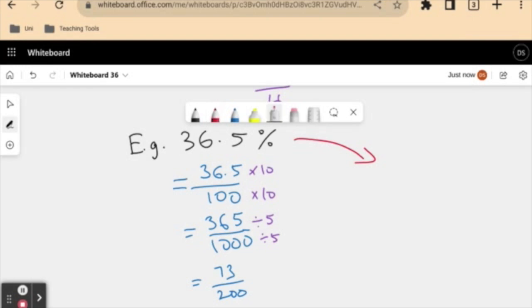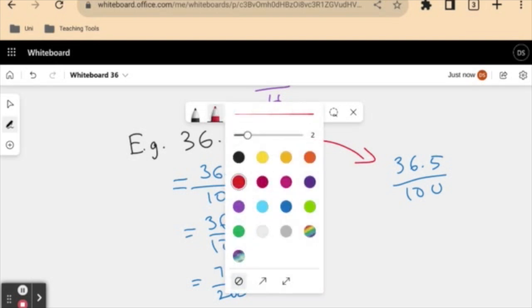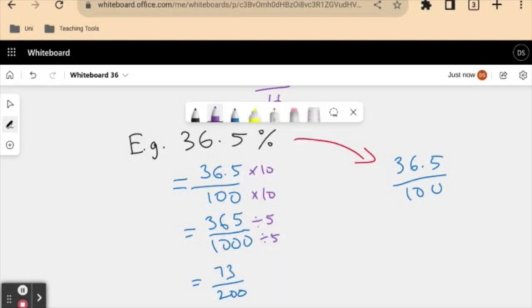So multiplying this by 2, I'm going to multiply the whole portion as well as the half, the 0.5, and that will give me a whole number. So writing this again, I get 36.5 over 100, and I can multiply top and bottom by 2.